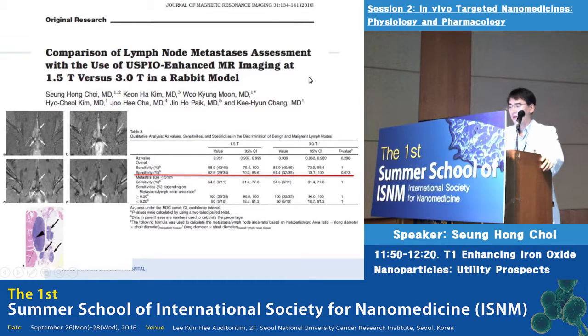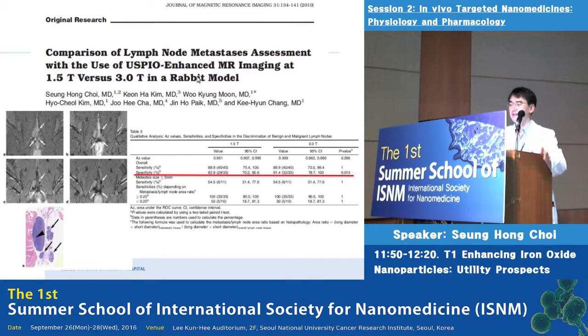And for the clinical application of iron nanoparticles, we have to consider the magnetic field. In the clinical setting, there are two kinds of commonly used scanners. One is 1.5 Tesla, the other is 3 Tesla. The higher field scanner makes a higher T2 or T2 star effect.